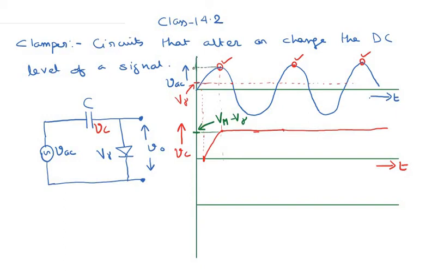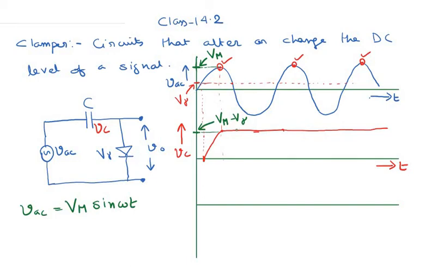So this point here is Vm. Vm is the amplitude of the sinusoidal voltage source VAC, so VAC is Vm sin omega t. The maximum voltage that this capacitor can develop is Vm minus V gamma, because there is a V gamma voltage drop across this diode.